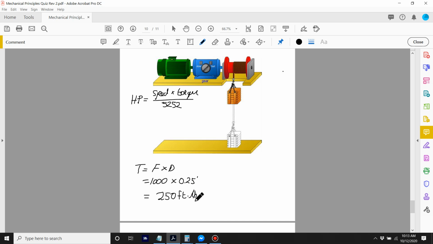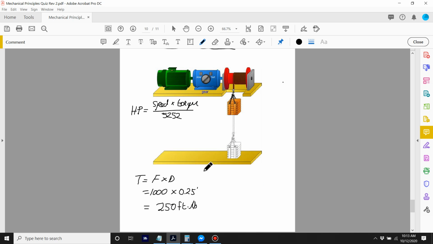Is that right? 250 foot-pounds. Now, let's throw the torque we just calculated into this equation: HP is equal to 24 RPM multiplied by torque, which is 250, divided by 5,252.